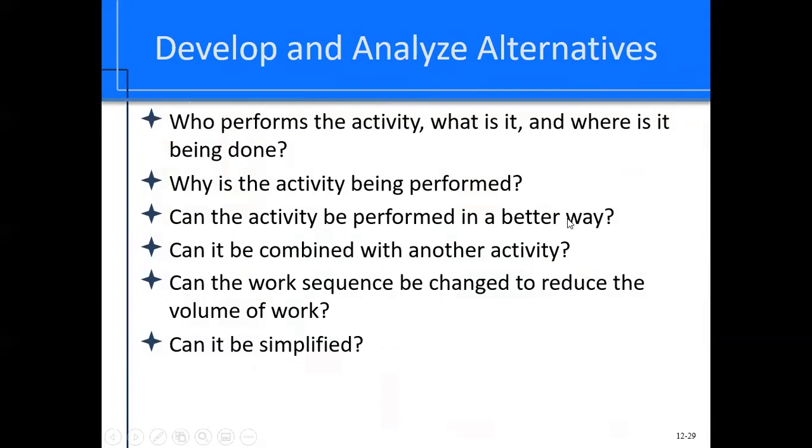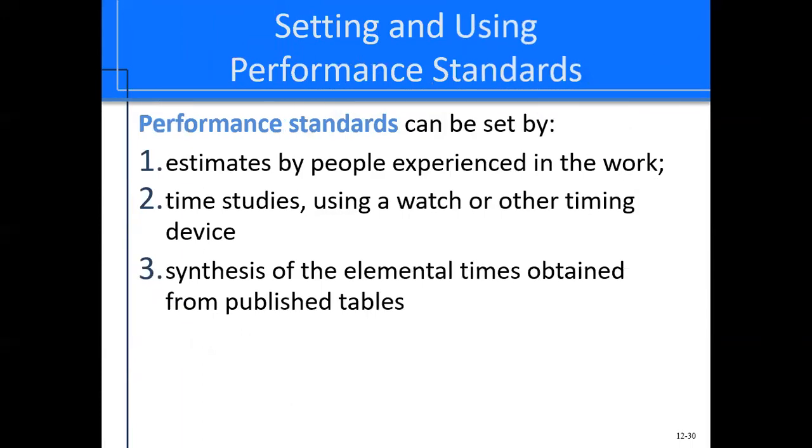Where is it being done? Why is this activity being performed? Can the activity be performed in a better way? Can it be combined with another activity? Can the sequence change or the volume be reduced? Can it be simplified? Those are the questions we can ask.